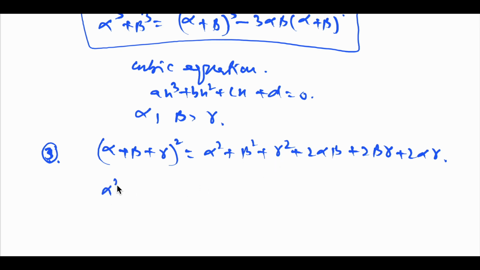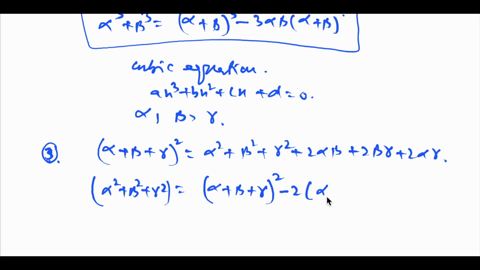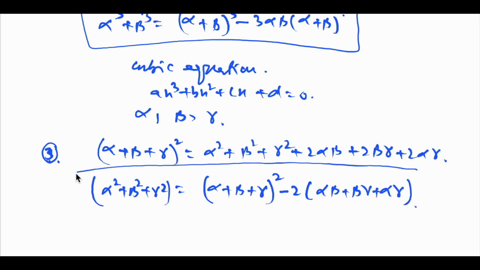So alpha square plus beta square plus gamma square will be equal to alpha plus beta plus gamma whole square, and then minus 2 alpha beta minus 2 beta gamma minus 2 alpha gamma. So minus 2 will be common, and I can write alpha beta plus beta gamma plus alpha gamma. You have to remember this thing.